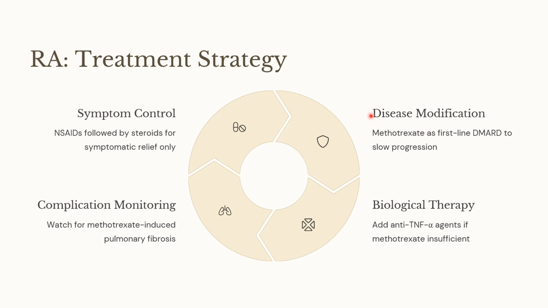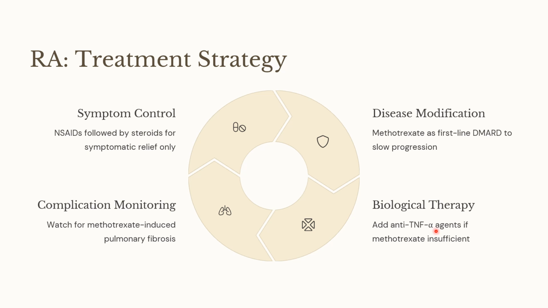To modify the disease, we use methotrexate. Methotrexate is the first line disease modifying agent, used to cause slow progression. If methotrexate fails, the second line is anti-TNF alpha agents such as infliximab, adalimumab, and etanercept. All of these can also be used.